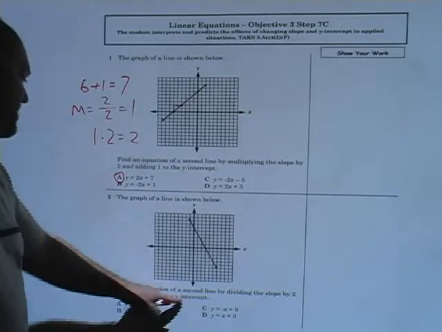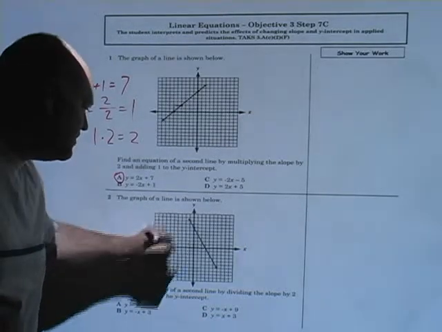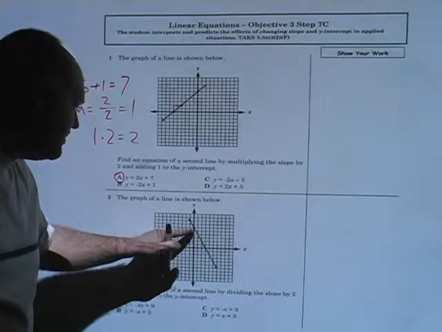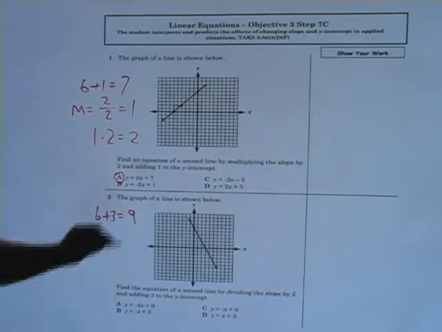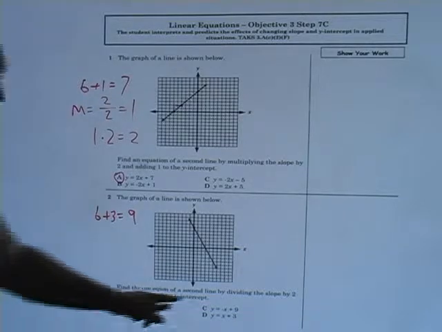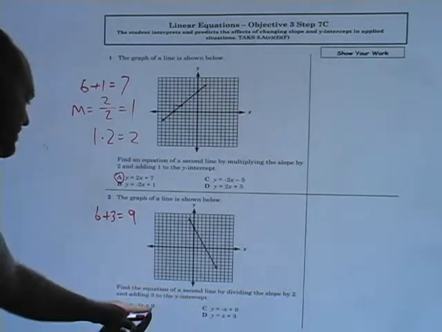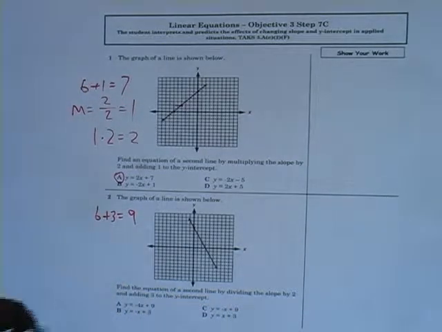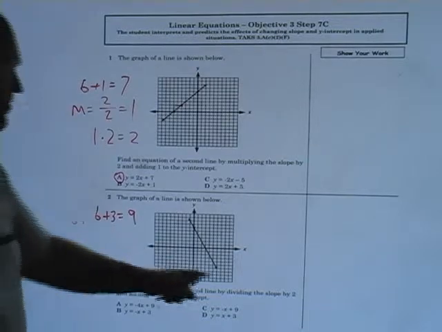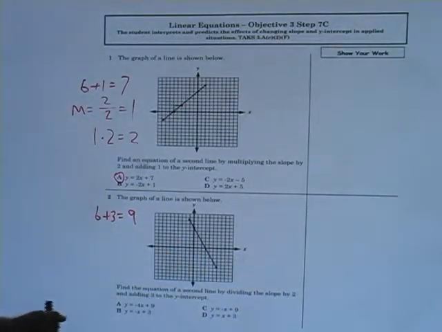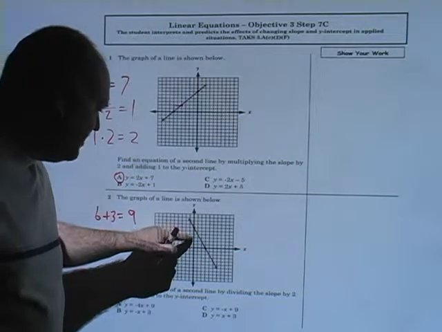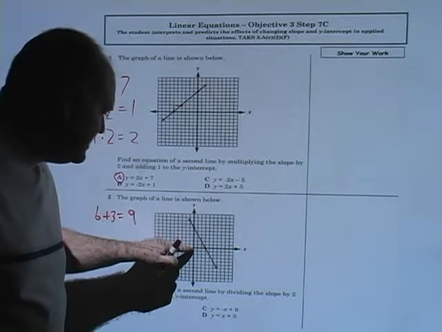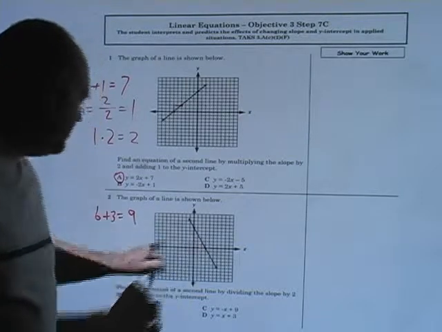We're going to add 3 to the y-intercept. It's at 6, and we're going to add 3, so it'll be 9. Okay, so it's either this one or this one. And our slope, we're going to divide by 2. So let's find our slope. We go down 6 over 3.